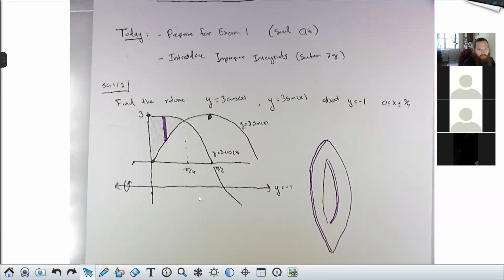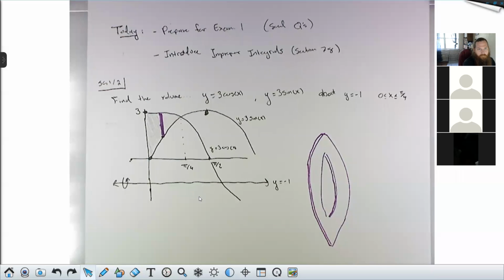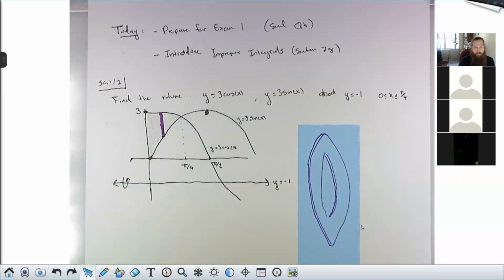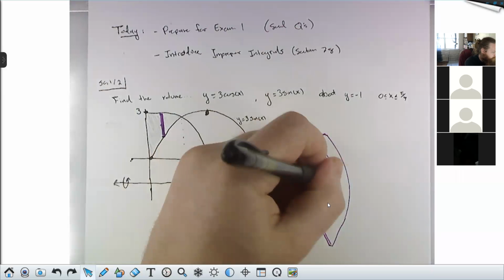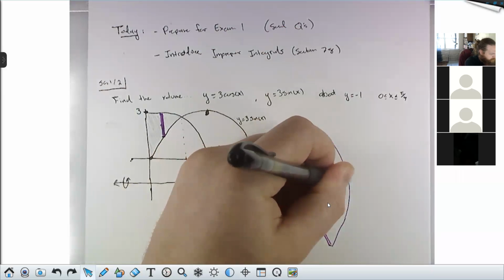Everybody on board so far? So we sketch the region, sketch the axis of rotation, and then draw in our little strip. If we imagine rotating just this little strip about this line, it would generate a solid that looks roughly like this. It's like a disc, but with the middle punched out, or a washer shape. Think of your axis of rotation as coming through this.